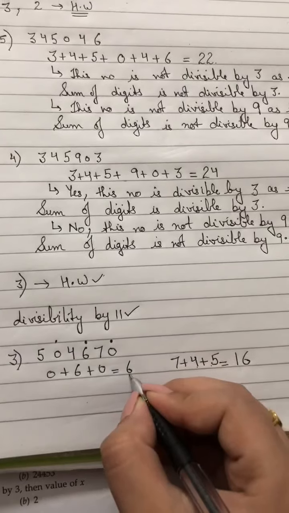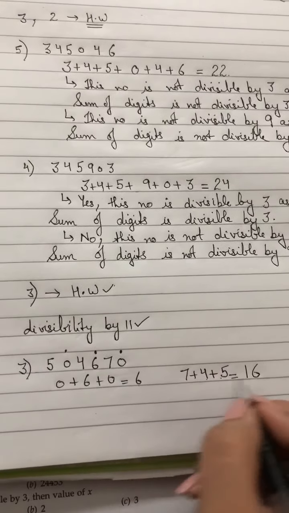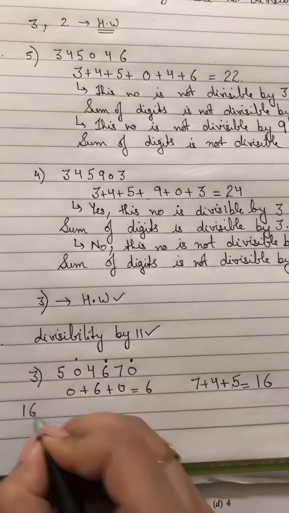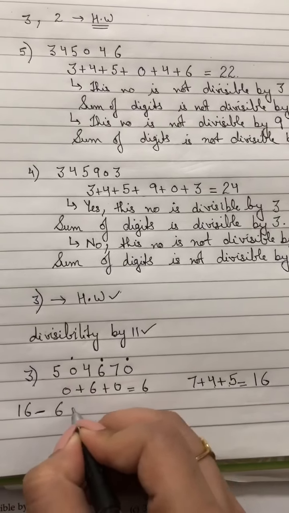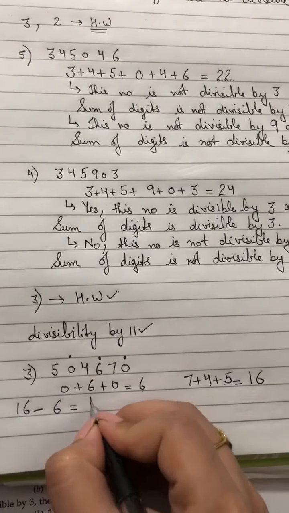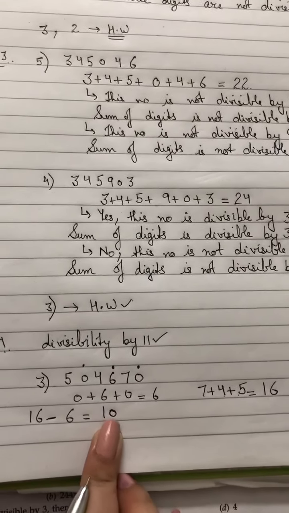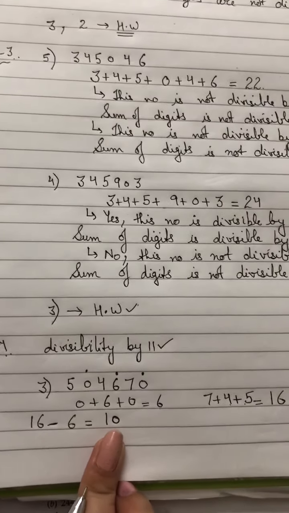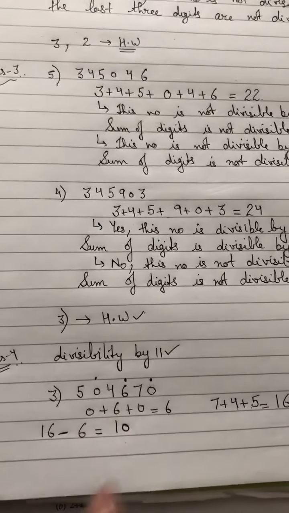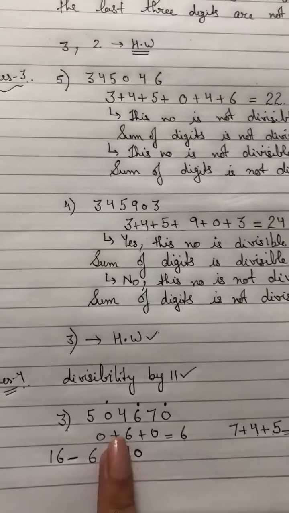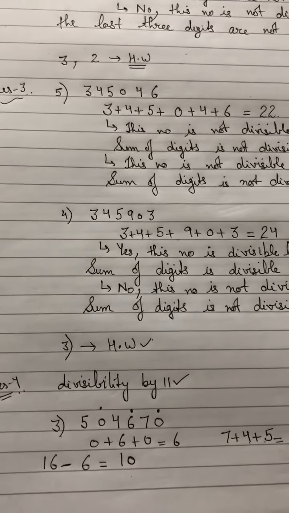Now whatever two numbers you will obtain, we need to subtract them. You will get final answer as 10. Okay, now this final answer should either be 0 or divisible by 11, but both the conditions are not getting satisfied.